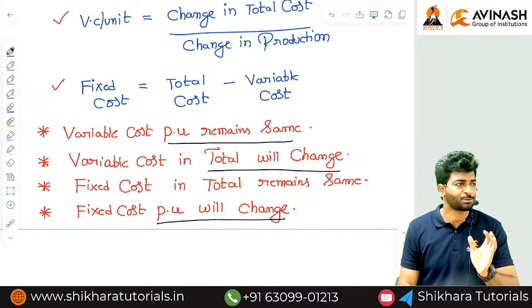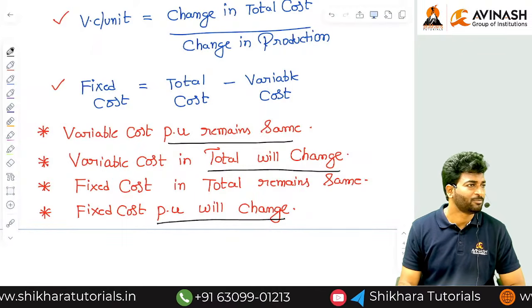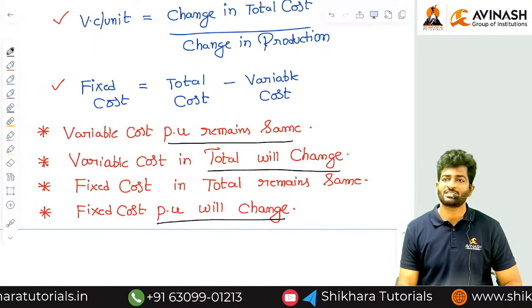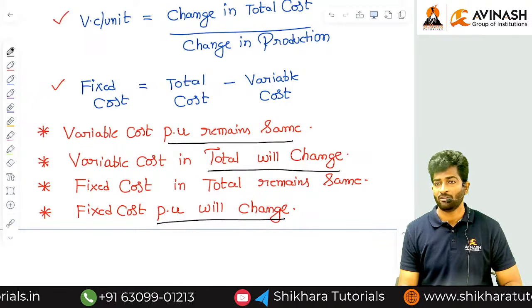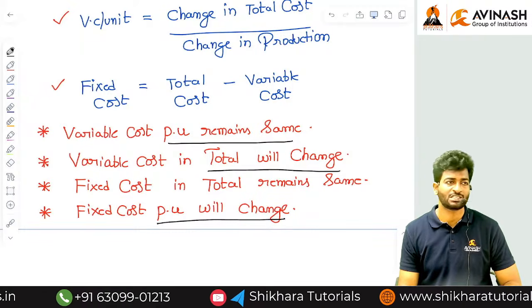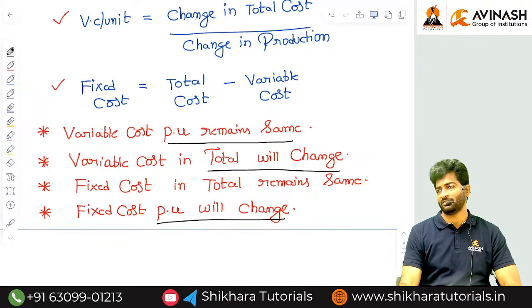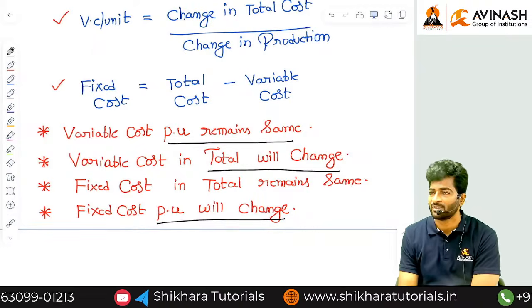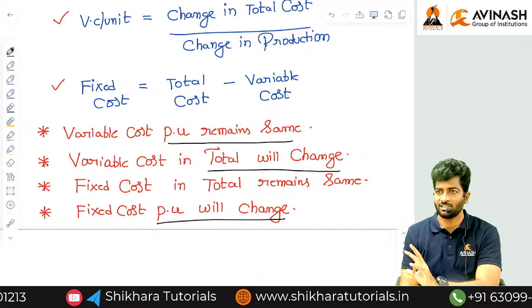Now what is fixed cost per unit? 50,000 divided by 10,000, 5 rupees. Say, for suppose, in the same factory, because of off season, I am producing only 50% of my previous production, means 5,000 units. Now again you want to calculate per unit. So 50,000 divided by 5,000 units this time. Then 10 rupees, right?